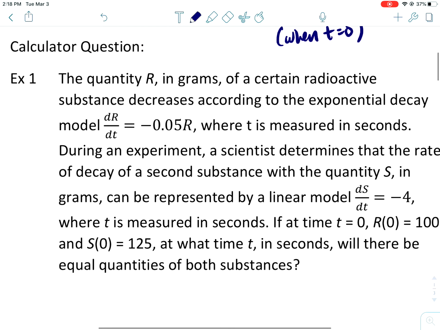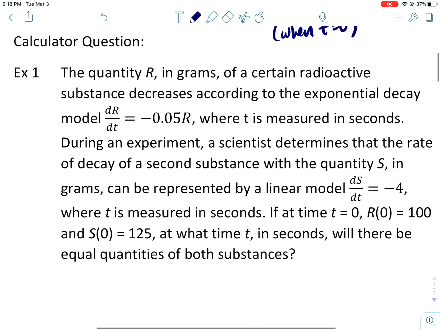So we are going to do example 1, and it's not going to feel like calculus. It's going to feel like algebra, really. So for example 1, the quantity R in grams of a radioactive substance decreases according to exponential decay model dR over dt equals negative 0.05 R, where t is measured in seconds.